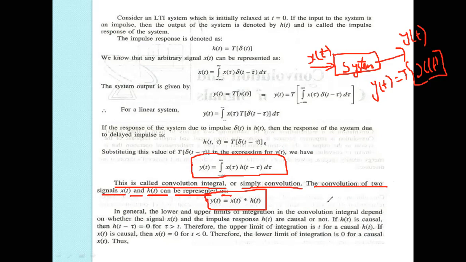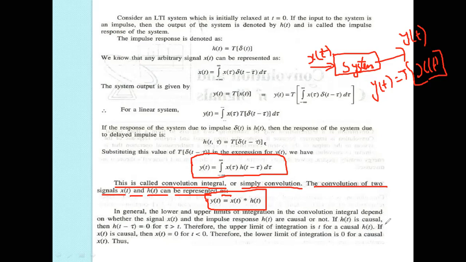In general, the lower and upper limits of integration in the convolution integral depend on whether the signal x of t and the impulse response h of t are causal or not. What is causal? We know causal means it depends upon the present and the past inputs. Non-causal means it depends upon the future input.